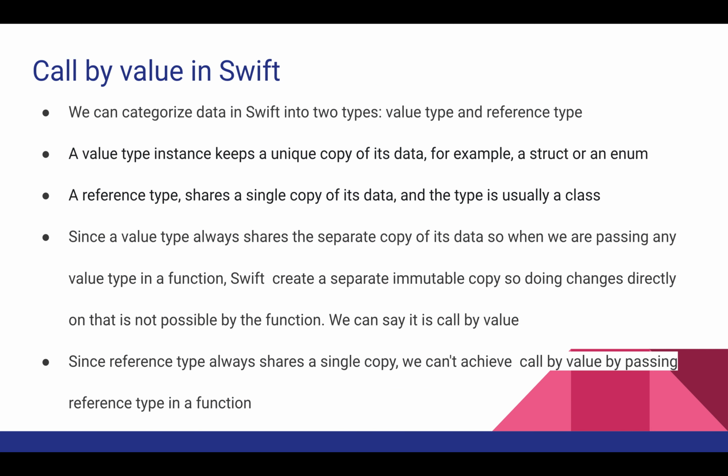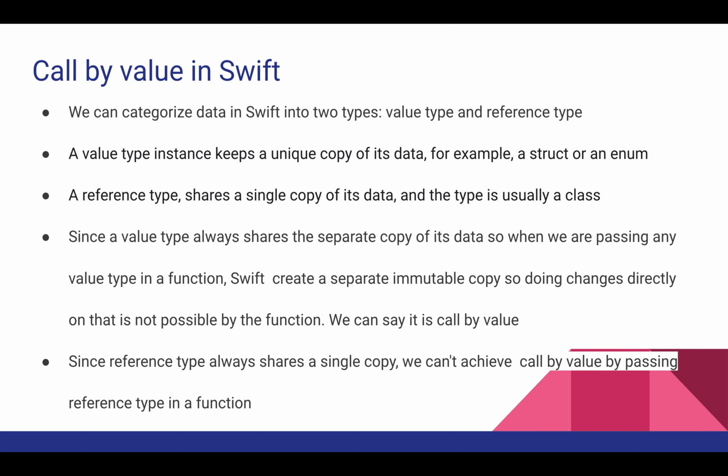So, call by value in Swift. We can categorize data in Swift into two types. First is value type and second one is reference type. A value type instance keeps a unique copy of its data, for example a structure or an enum.